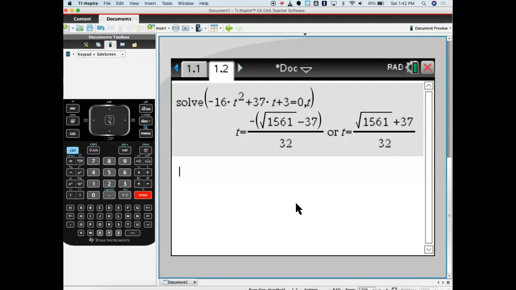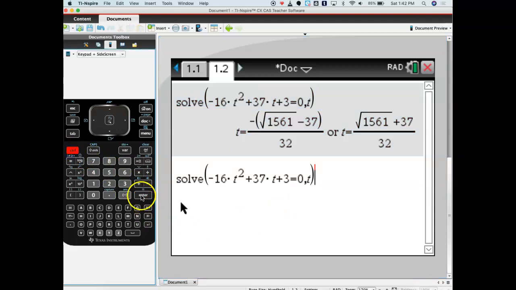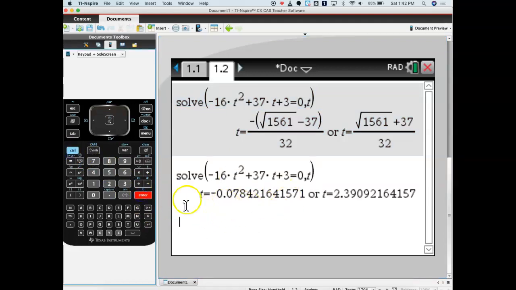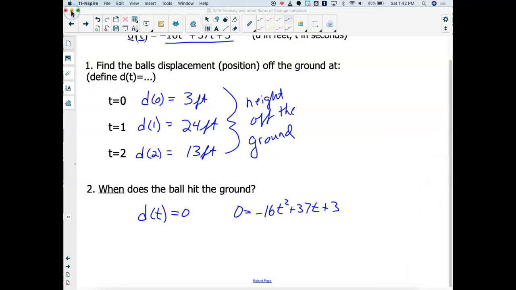And it shows what looks like the quadratic formula. That meant it didn't factor. If you don't want the exact values, bring that down and give it control approximate, and it'll give me the decimals. This negative 0.078, we don't have negative time, so we don't use that, or it's t equals 2.391 seconds. So I can use that wonderful little solver to find my zeros, and we haven't used any calculus, by the way.